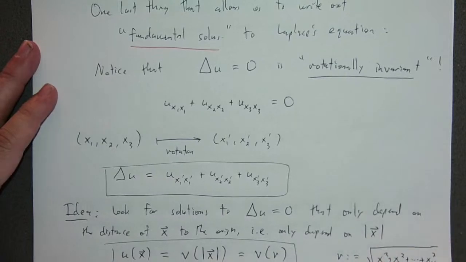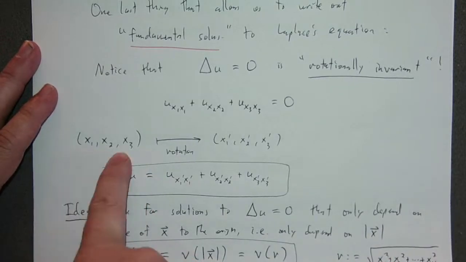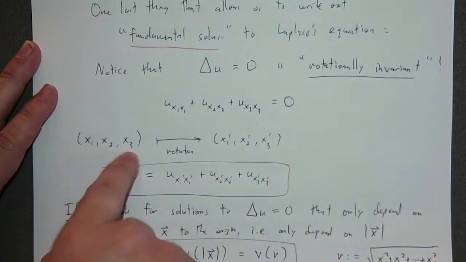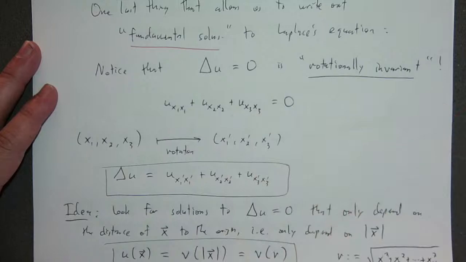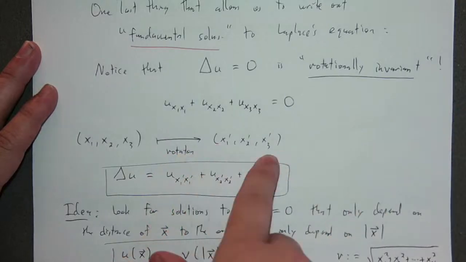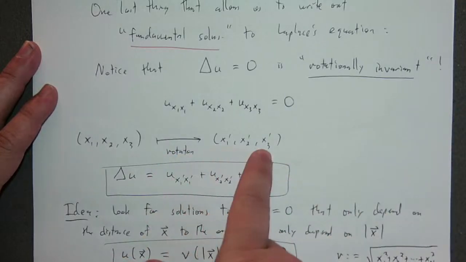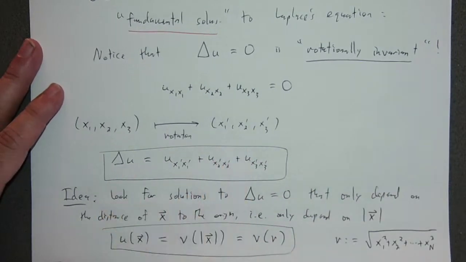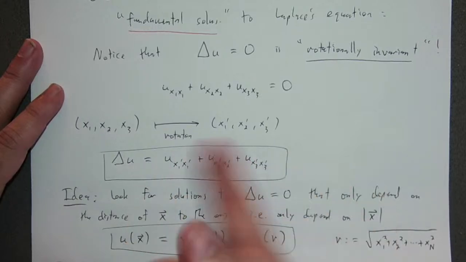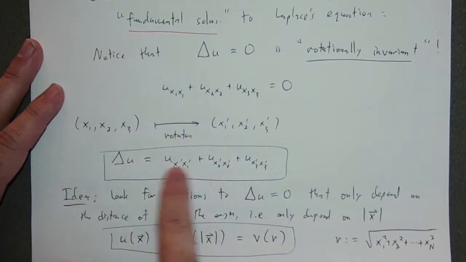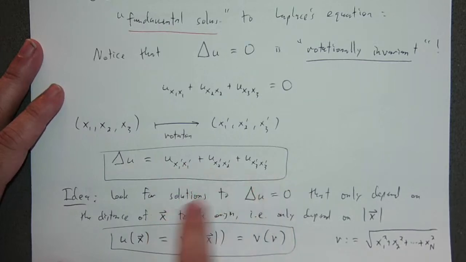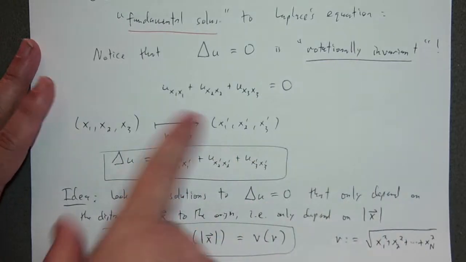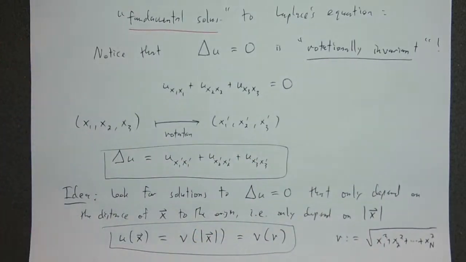Meaning that if I change variables from the normal triple in space to some rotated triple, I take my normal coordinates and apply a rotation to get new coordinates x1 prime, x2 prime, x3 prime. Then if I compute the Laplacian with respect to these new coordinates, it's exactly the same as the old Laplacian. The only thing that's changed are the actual coordinates. So this Laplacian of u is rotationally invariant in this sense with respect to those spatial variables.